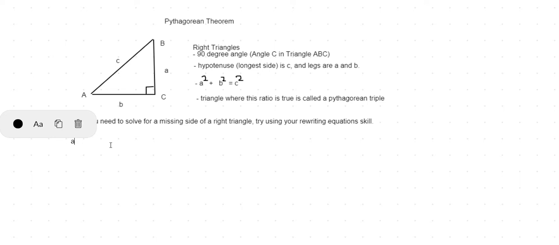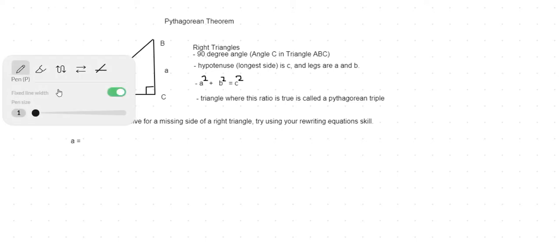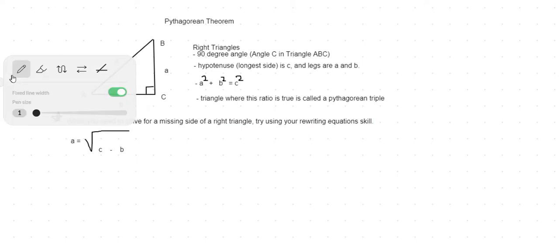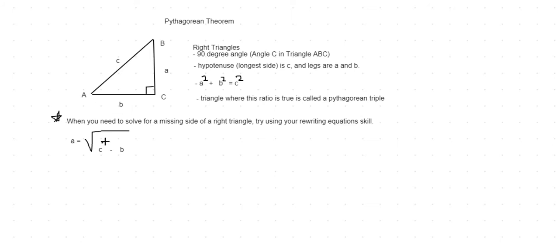You can think of a as the square root of c squared minus b squared.